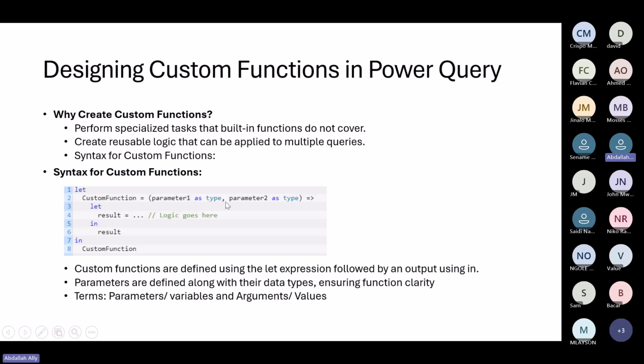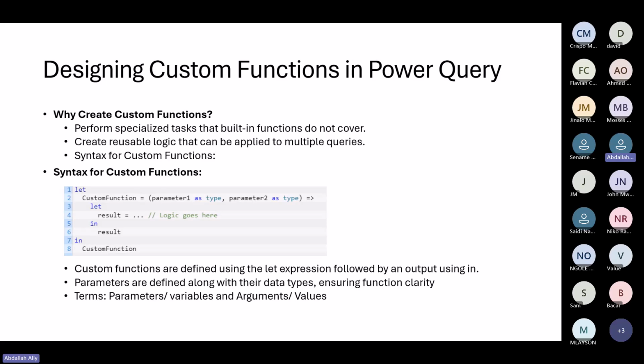It can be 0 parameters. So what are parameters? Parameters are the variables to which you will provide values when you want to use the function. When you are defining a function, you are specifying your parameters.